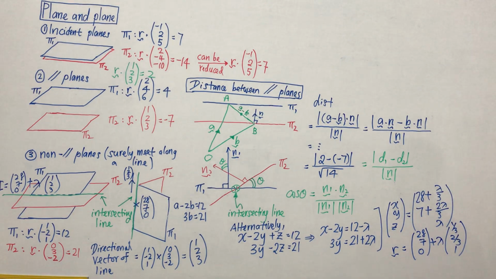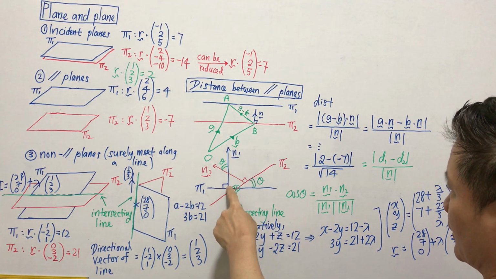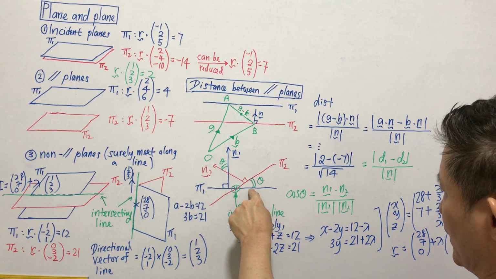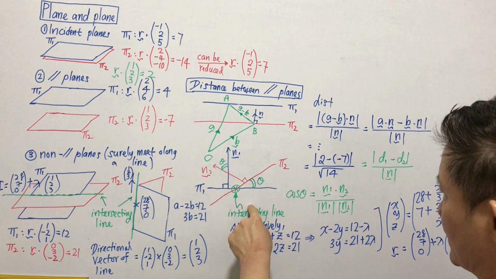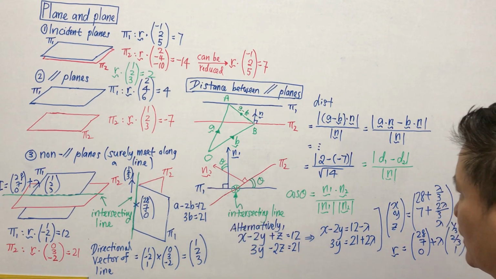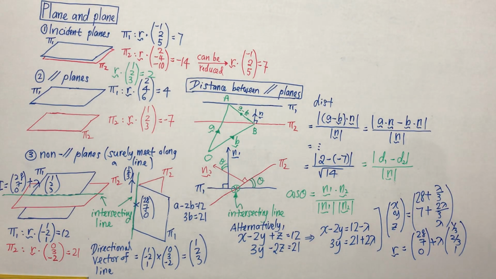So from what you know, to find the angle between two vectors, you have this nice formula to tap on. But to safeguard the possibility that instead of going upwards, if n1 were to point downwards, then the angle sandwiched by n1 and n2 is no longer the acute angle theta.